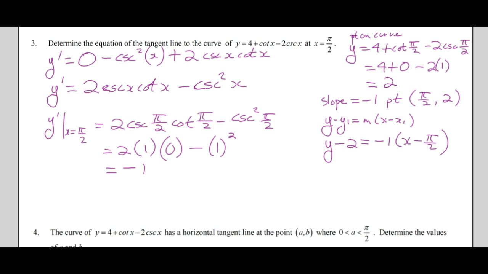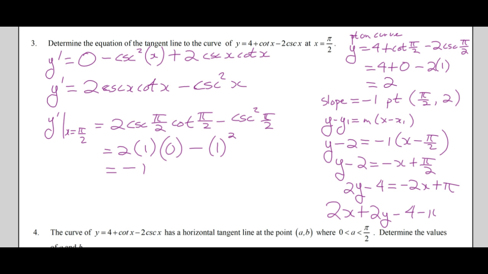And we just buff it up and make it presentable to be seen in public. So 2y minus 4 is -2x plus pi. All right, we get 2x plus 2y minus 4 minus pi, and that's equal to 0.